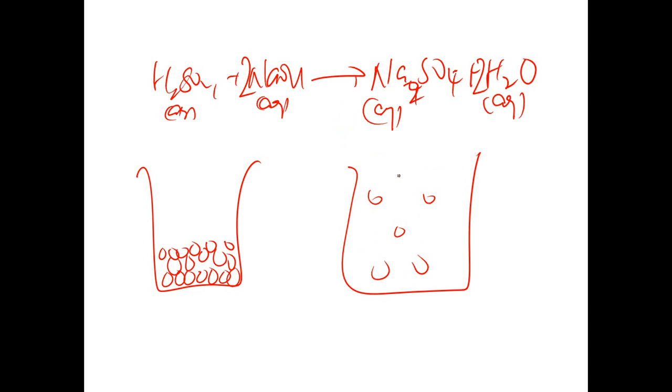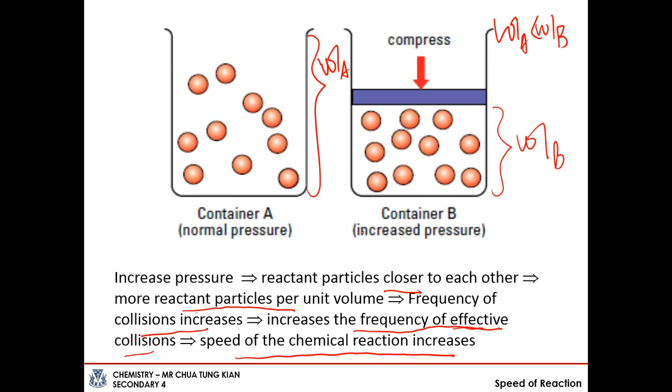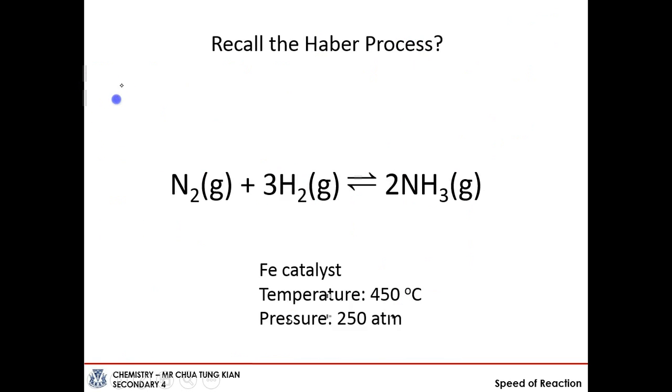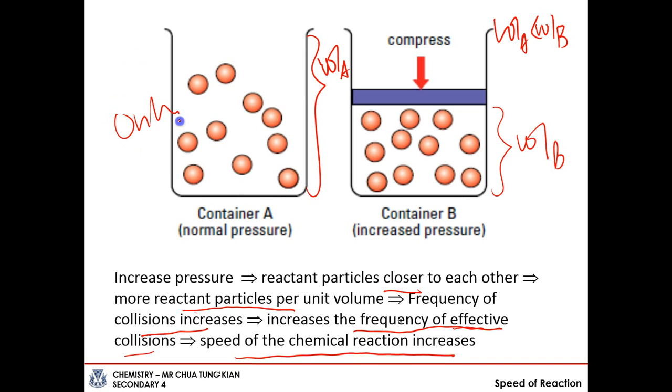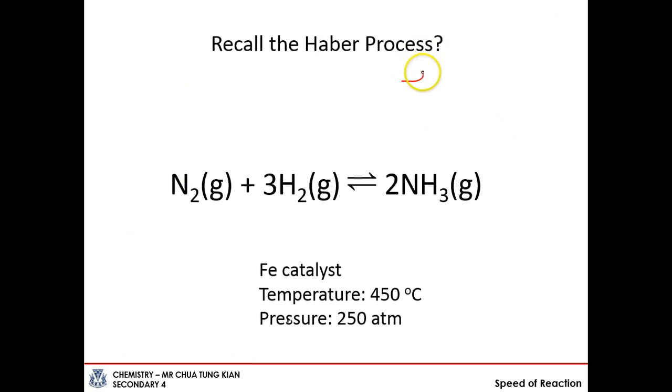Because for gases, the particles are very far apart. Increasing pressure will bring the particles closer together. So the factor where we increase the pressure only works for gases. It only works for reactions involving gases, one of which is the Haber process.